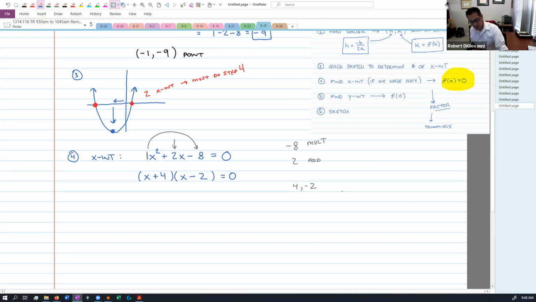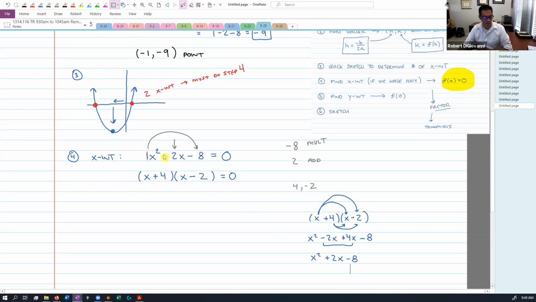Now, if you don't believe that's true, then to convince you we can actually multiply this out. If you multiply it, you'll get x squared, -2x, +4x, and then -8. And when you combine those together, you get x squared plus 2x minus 8, which is exactly what this is.